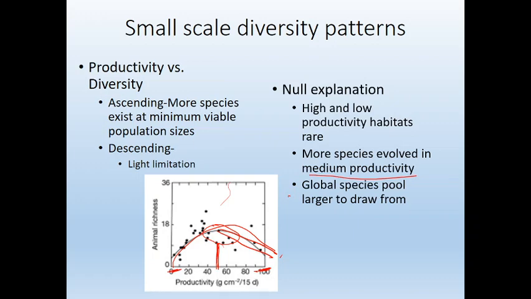And that's what this null explanation is for. If you have more medium productivity habitats, there'll be more species across the planet that evolved to live there, so any new habitat that comes up will have more total candidate species that might get there at some point, and then create this higher diversity in these middle productivity habitats.